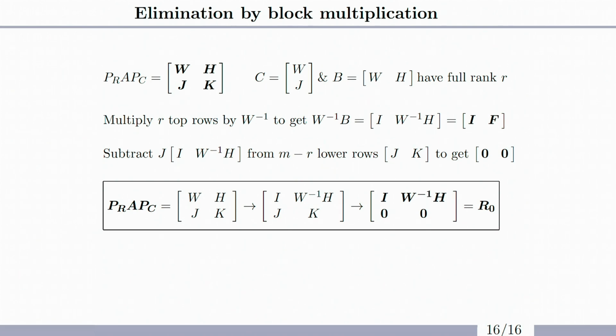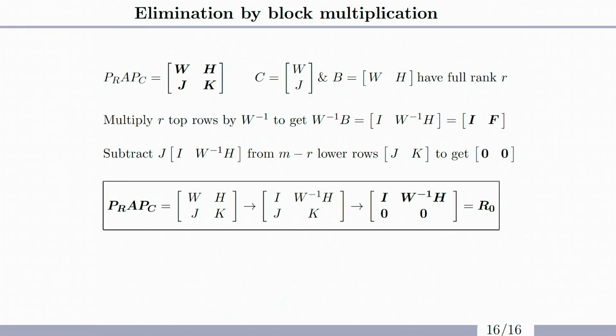W H J K, that's the matrix I'm starting with. I'm going to invert W, and I know that J K is some combination of W H. So when I invert W, elimination produces a first row starting with the identity. And when I apply that to the second, the J K row, those go to 0.